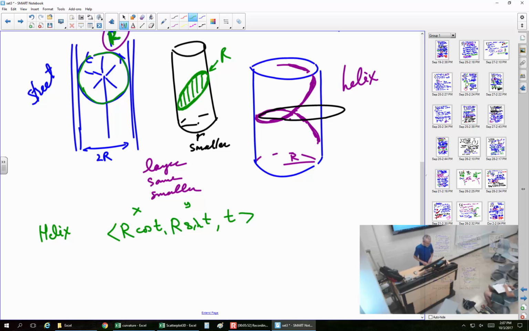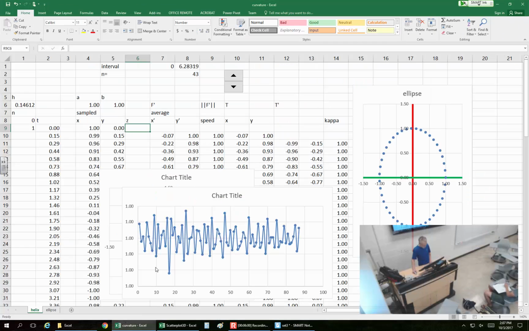So that's my helix, and I have the first two columns taken care of, and now I just need z. So let's do that. I'll put some kind of r here to indicate how fast the parameter is, how fast we are ascending, because just like a spring, you can have it contracted or it can stretch.